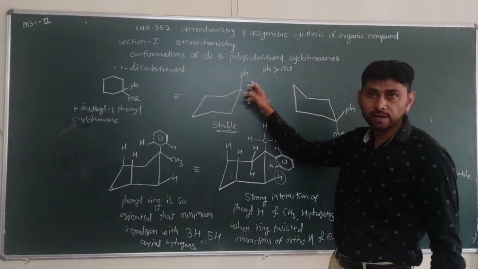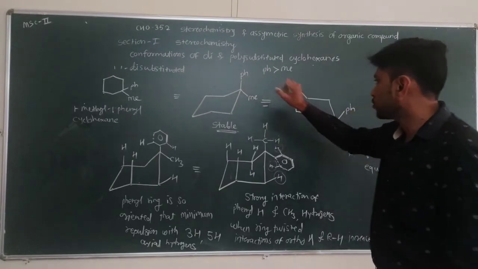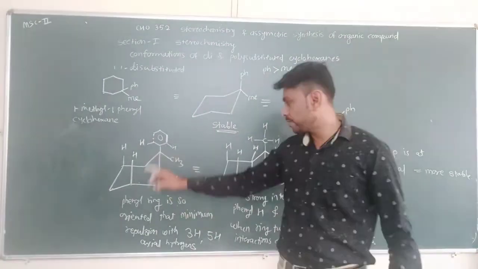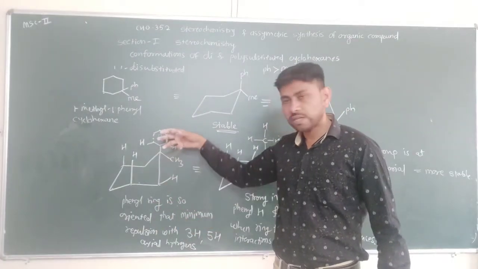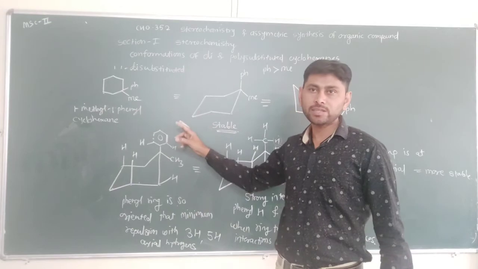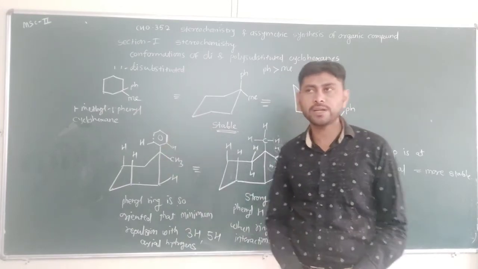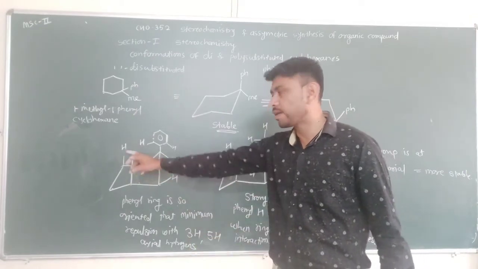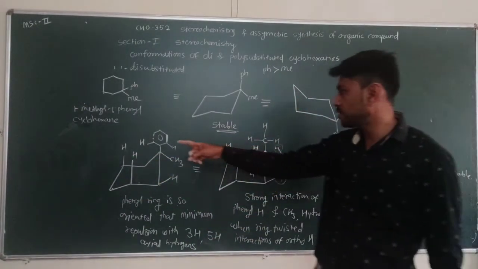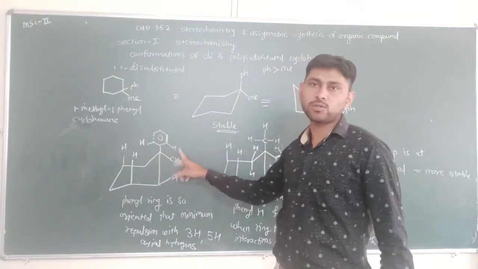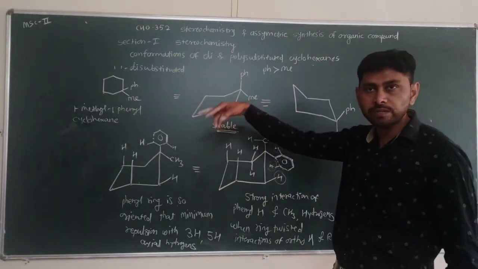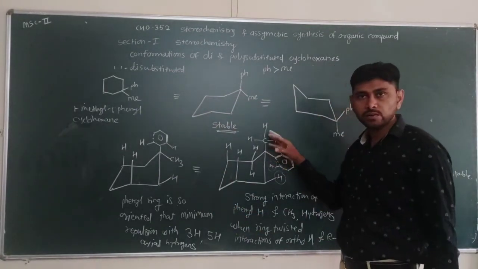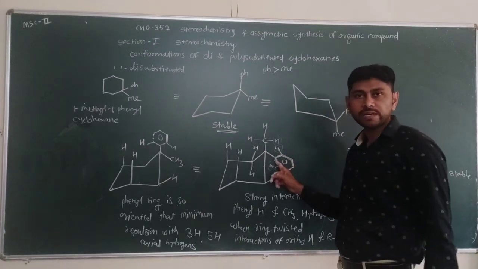Still it is the bulkier one, yet it gives the stable structure. The reason is that when the phenyl ring is in the axial position, it is so oriented that the interaction between the hydrogens of the phenyl ring and the axial hydrogens at position number 3 and position number 5 gets minimized due to the twisting of the ring. That's why this structure is more stable as compared to the structure where the CH3 group is at axial position and the phenyl group is at equatorial position.